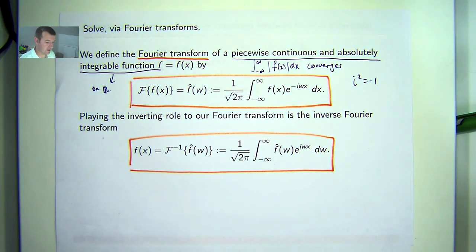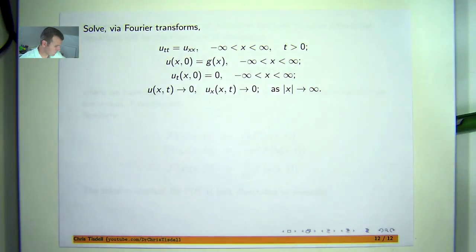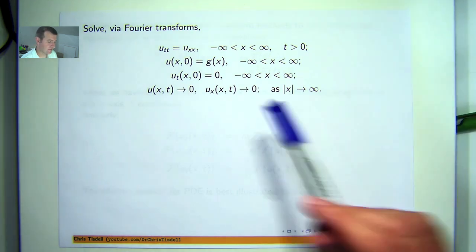So it's important that whenever you're comparing the literature on Fourier transforms, you just know which particular definition is being used.